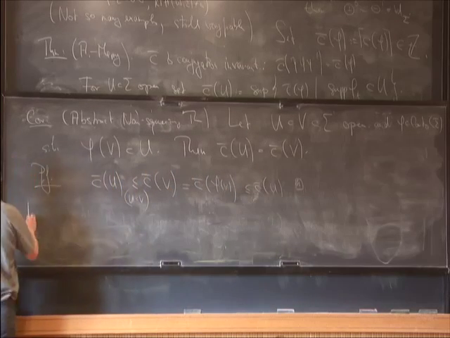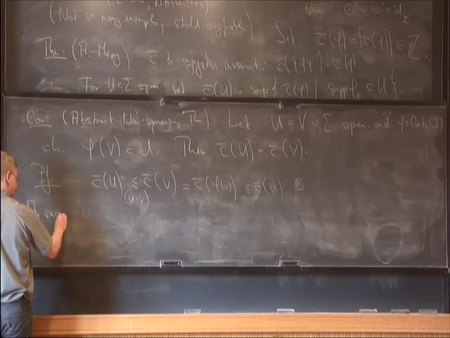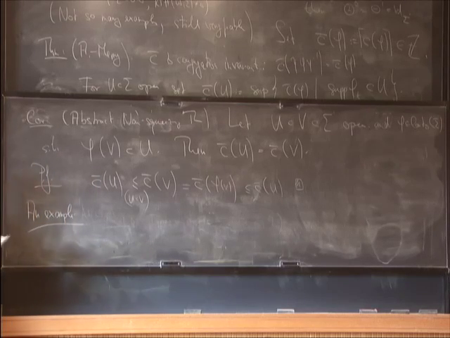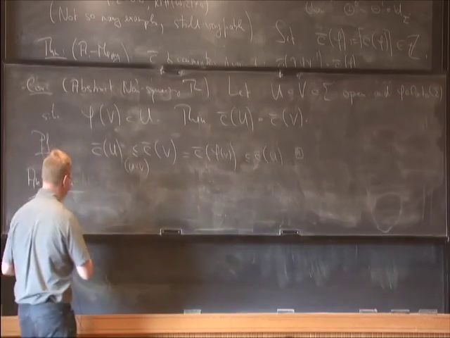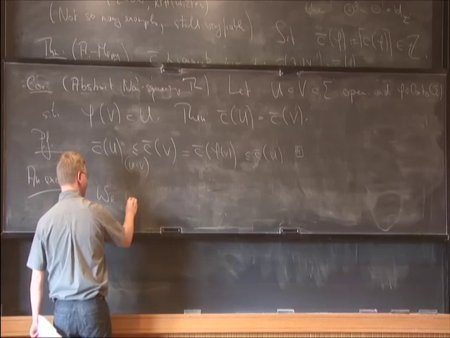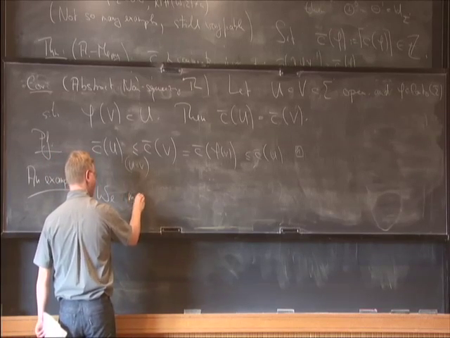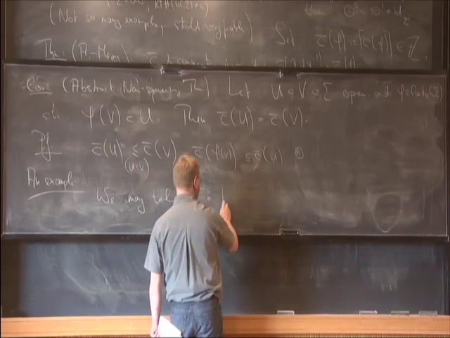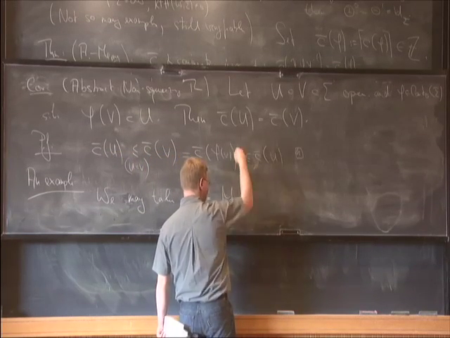So here's an example. It's not strictly speaking an example, it's sort of. So I just say we may take sigma to be, and that's really true, so the statements continue to hold.